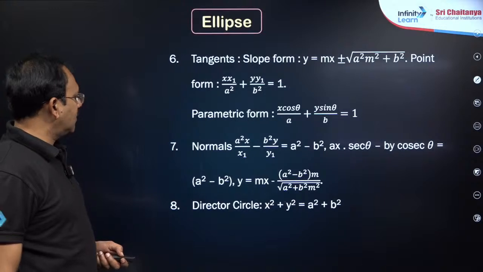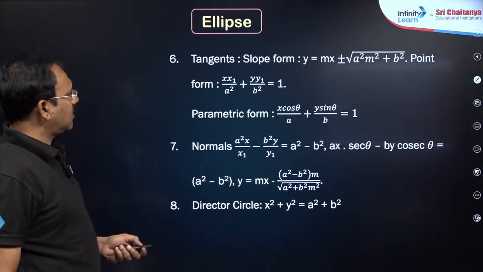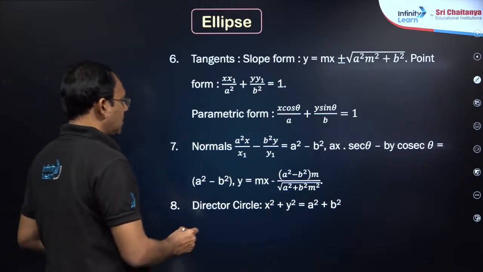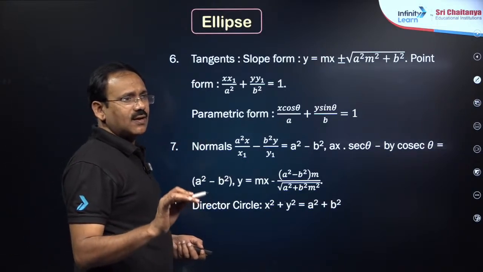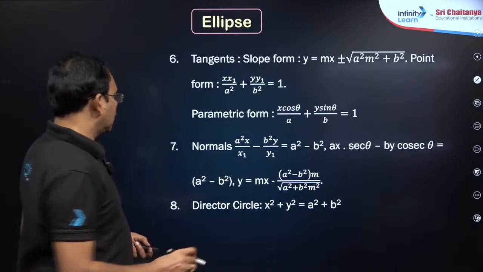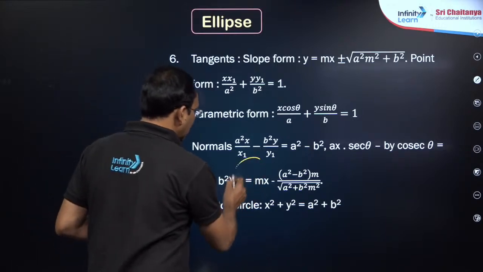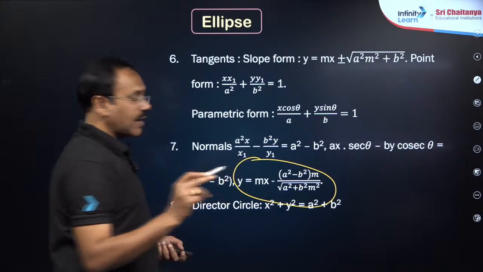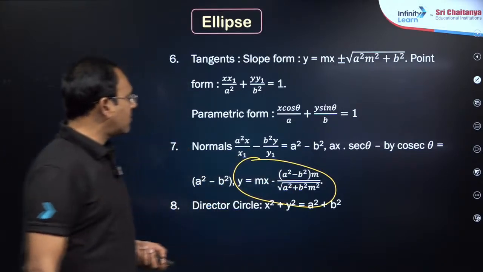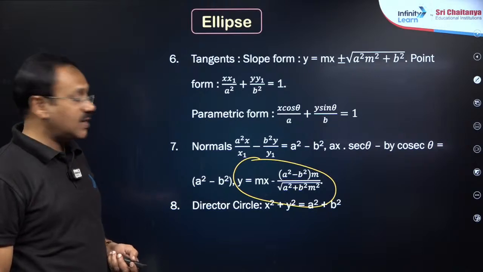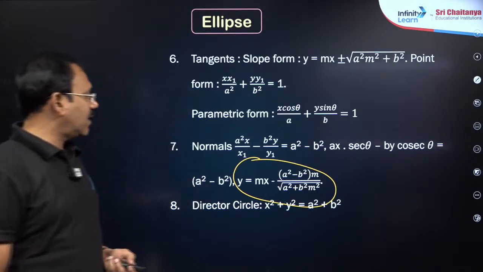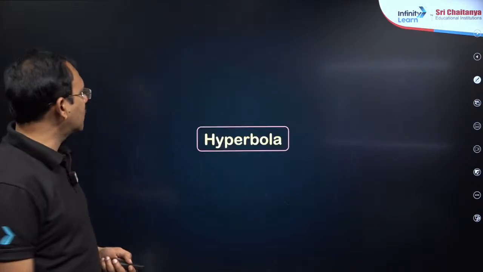Next, try to remember the normal condition if a question is given related to normal, though it is mostly not asked. If y is equal to mx plus c is the normal, c must satisfy this condition: c is equal to (b square minus a square) into m by root of a square plus b square m square. The director circle will be x square plus y square is equal to a square plus b square.